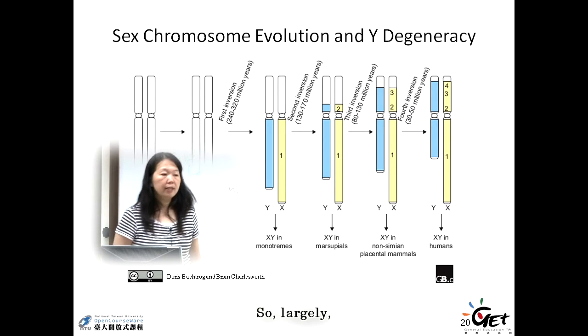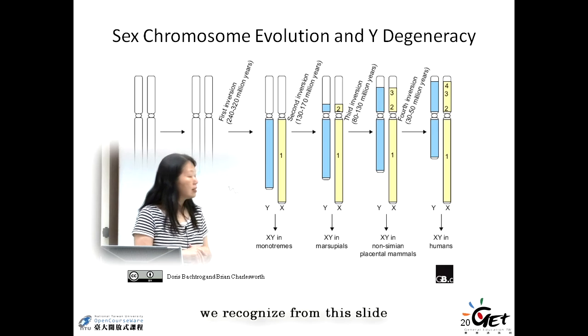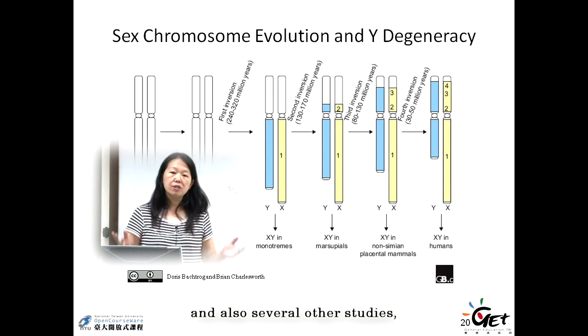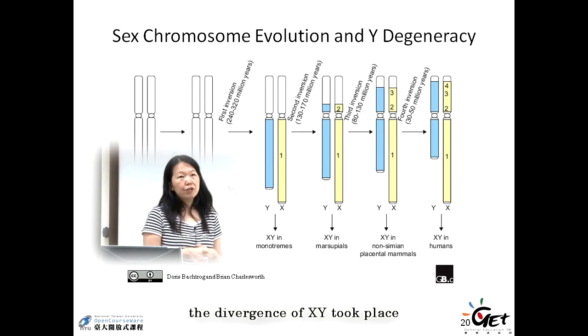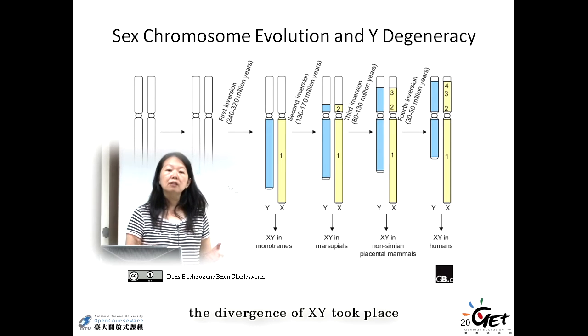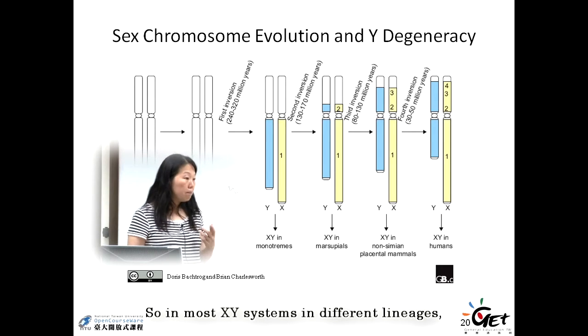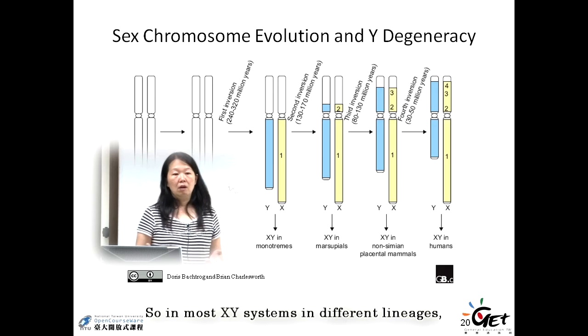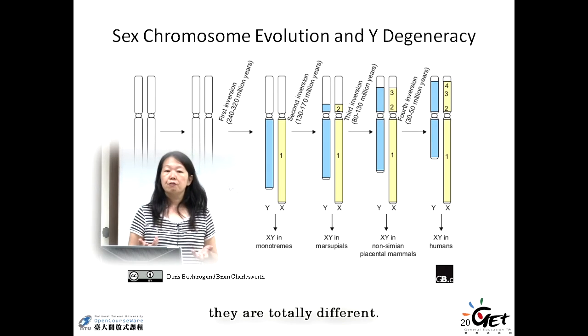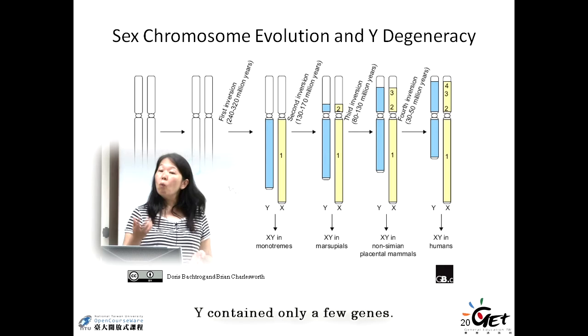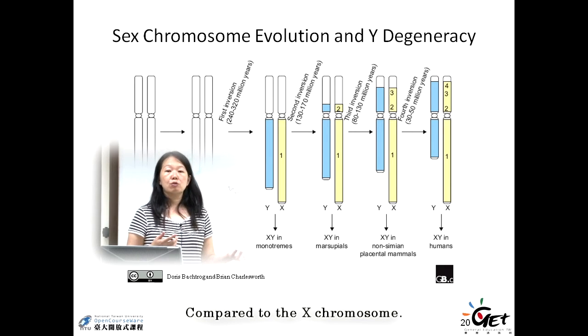Largely, from this slide and several other studies, we recognize that the divergence of XY took place over millions of years. In most XY systems in different lineages, they are totally different. In general, Y contains only a few genes compared to the X chromosome.